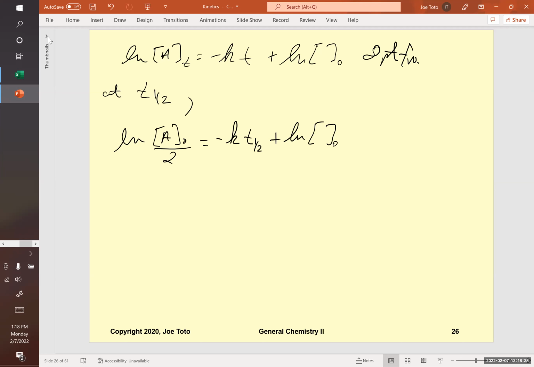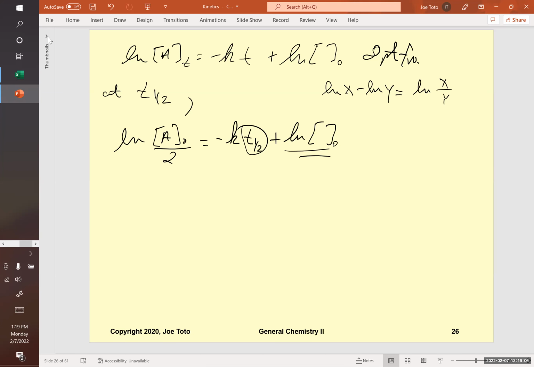Now, I can take that equation and solve for t1/2 by subtracting the initial concentration from both sides, and then using a law of logs that says ln x minus ln y equals ln x over y. Now you can look that up or memorize it.